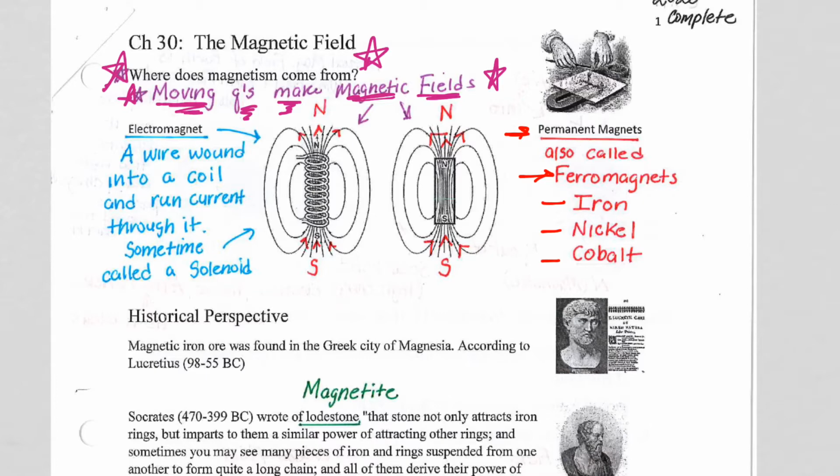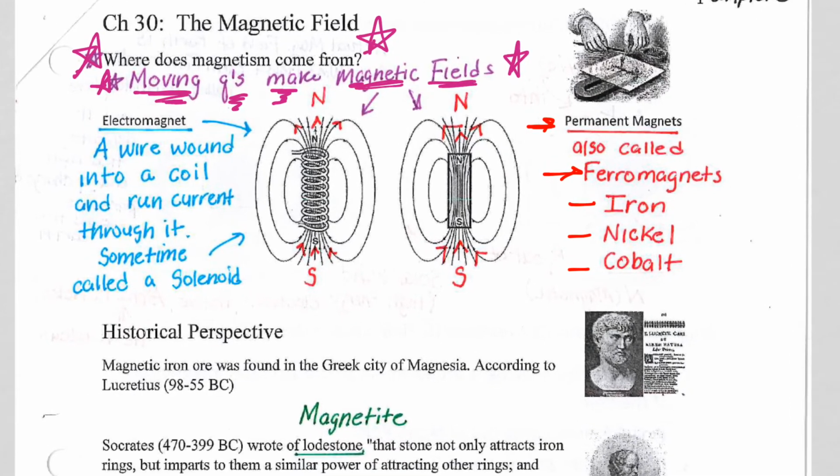And we attribute the magnetic field of these permanent magnets to the movement of the electrons, not the protons, because the protons are locked in the lattice structure of the metal, but to the movement of the electrons in what we refer to as magnetic domains. I think of that as all the electrons in this permanent magnet kind of dancing a synchronized magnetic field dance.